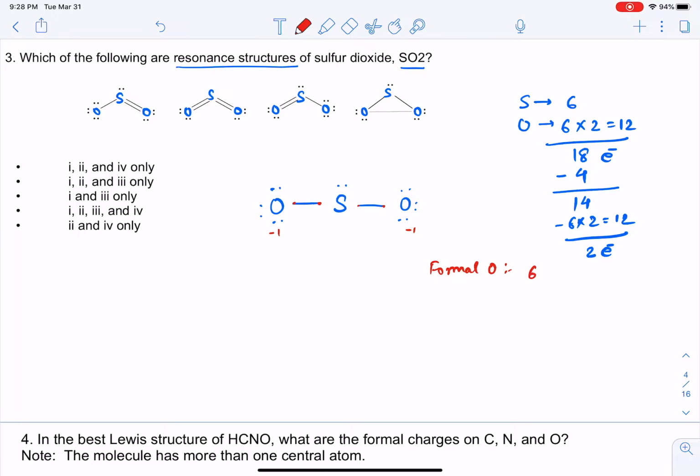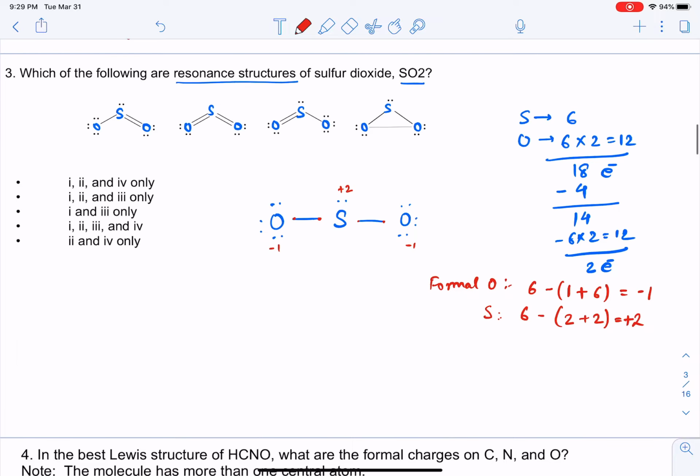It has 6 electrons in the normal valence shell. Right now it has 1 bond plus 6 lone pair electrons, so it has a formal charge of -1. Whereas sulfur has 6 electrons in the valence shell in a normal case. Right now it forms 2 bonds and has 2 lone pair electrons, so it has a +2 charge. So we can write something as +2 formal charge.